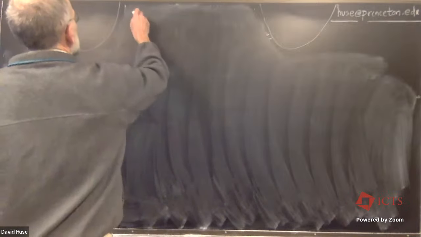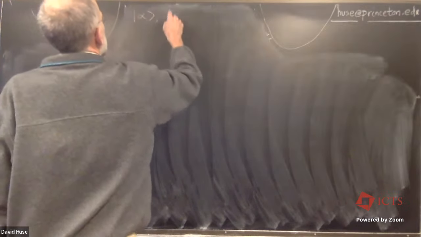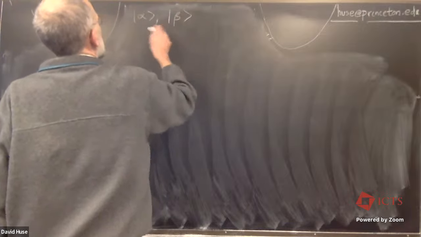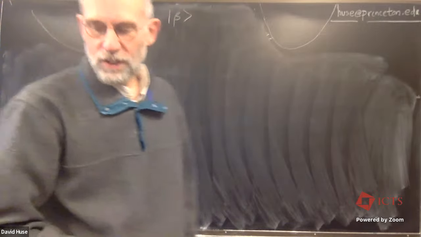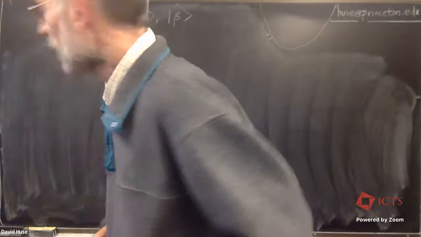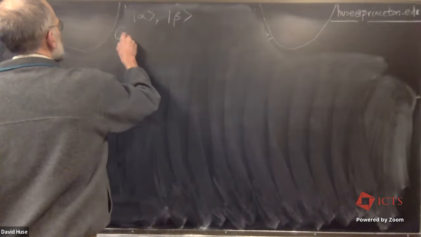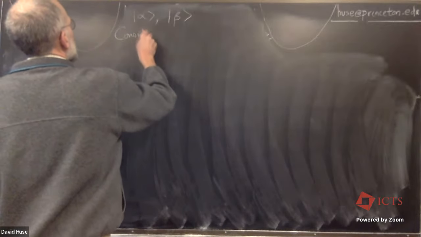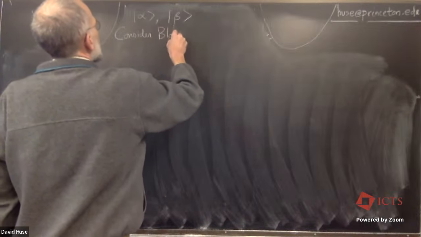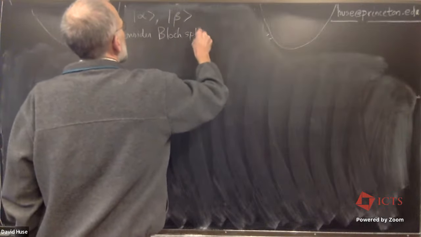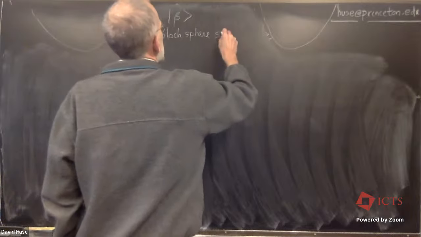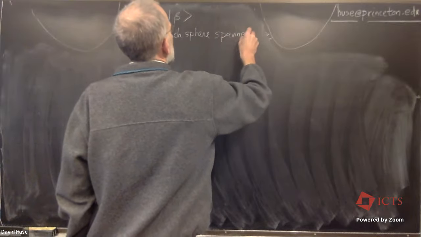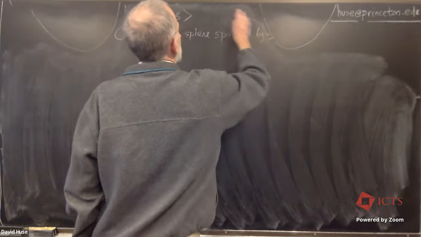Okay, so we've got these two states, alpha and beta. Remember, they're eigenstates of the Hamiltonian, and they're adjacent in energy. And now we're going to consider the Bloch sphere spanned by them.